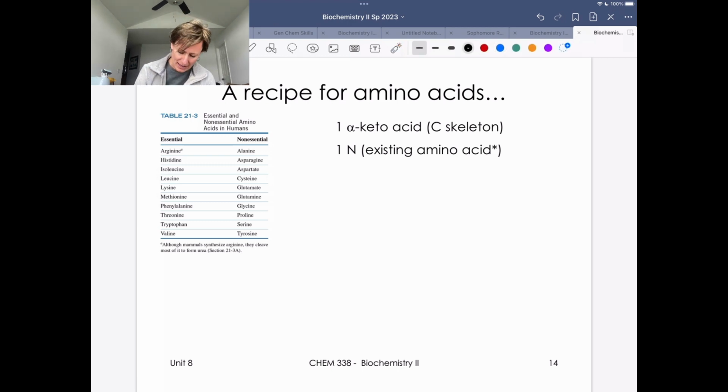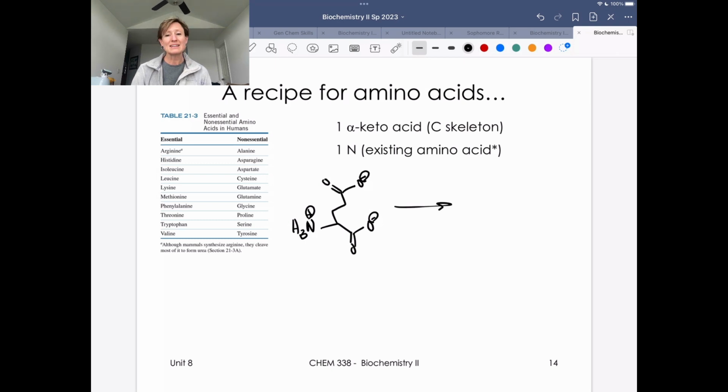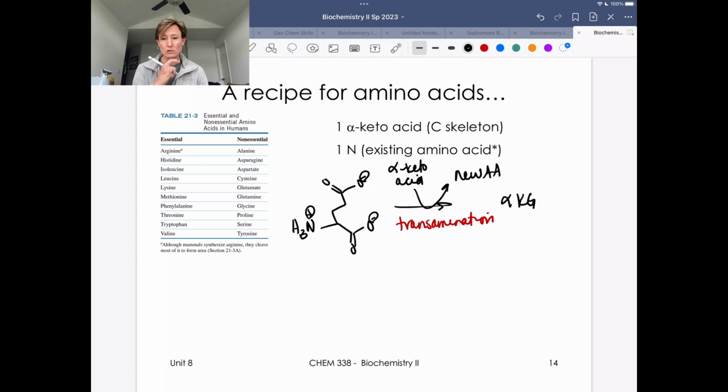Let's draw the structure of glutamic acid. We're going to have the structure of glutamic acid providing the nitrogen source so that we can take any alpha keto acid, assuming we have that alpha keto acid. We can generate any new amino acid that we want by allowing that nitrogen from glutamic acid, via transamination chemistry, to generate that new amino acid, and then we're going to be left with alpha ketoglutarate.